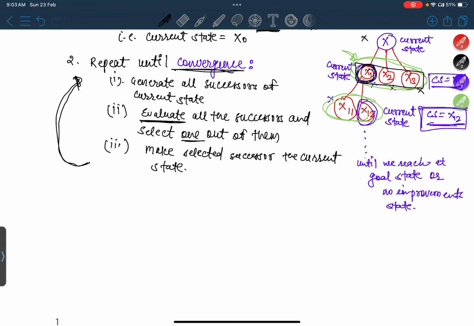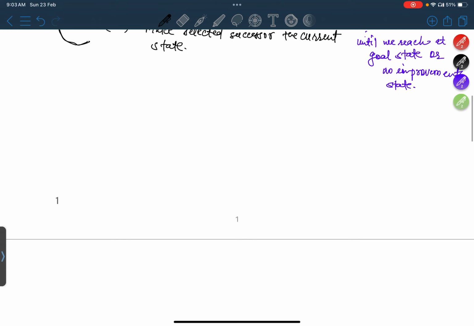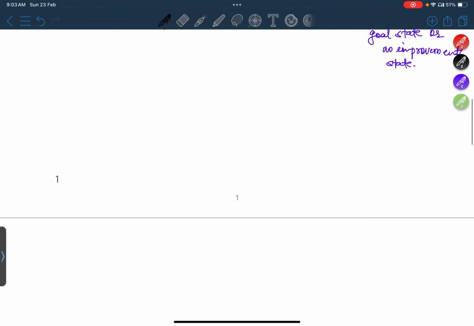So how do we evaluate these successors? This is the evaluation of a state. For example, if there is this state x and it has three successors x1, x2, x3, how do I choose which successor to select out of these three? How to evaluate these nodes? For evaluation of a node, we'll define something called an objective function.